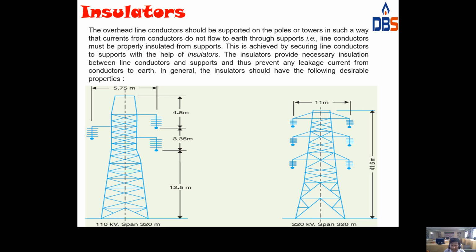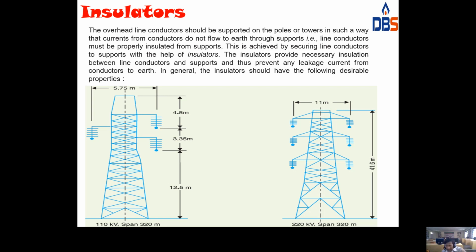Generally, the overhead line conductors should be supported on the poles in such a way that current from the conductor does not flow to the earth. That is, the line conductor must be properly insulated from the supporters. This is achieved by supporting the line conductor with the help of insulators.